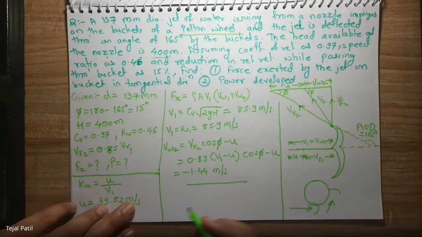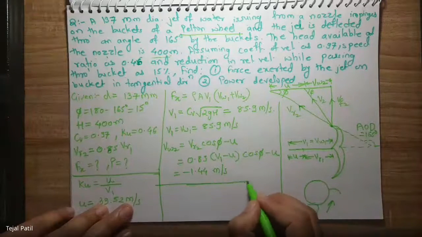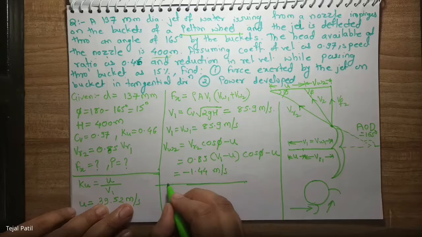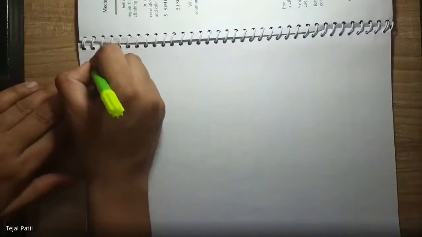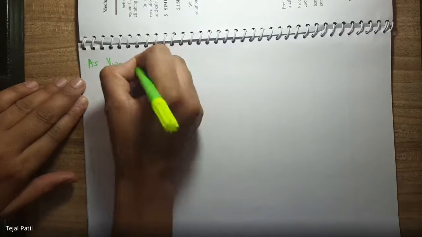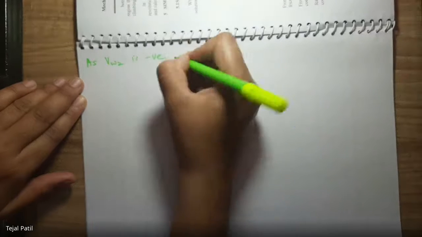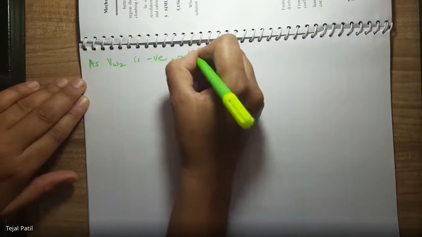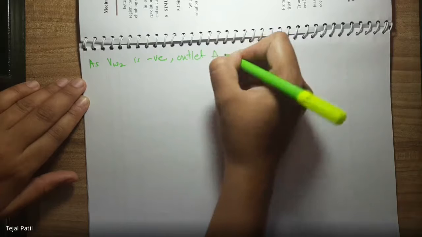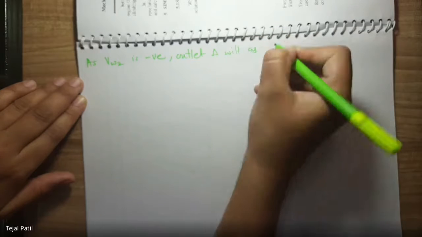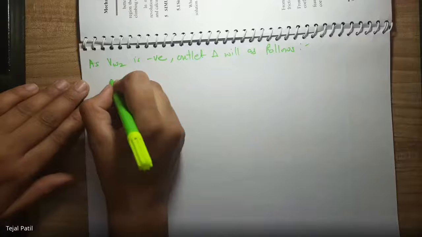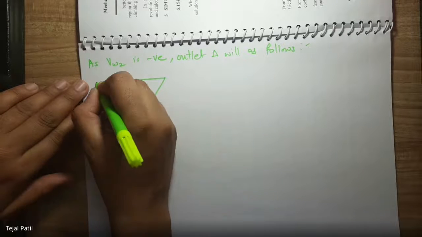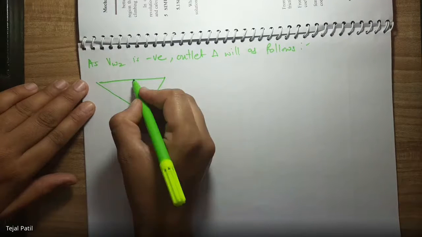First, use another page. As VW2 is negative, the outlet triangle will be as follows. Simply draw your outlet triangle like this.